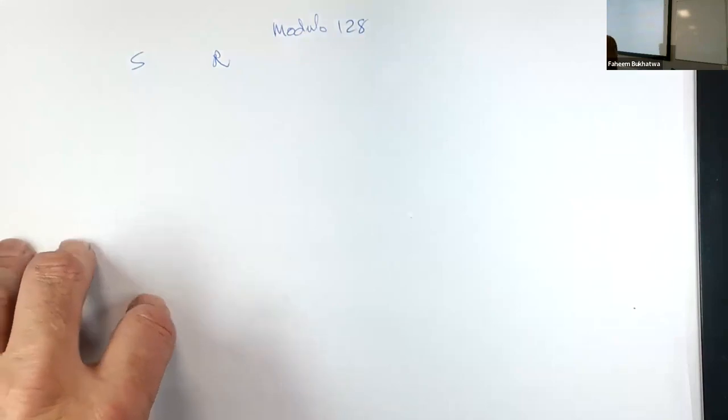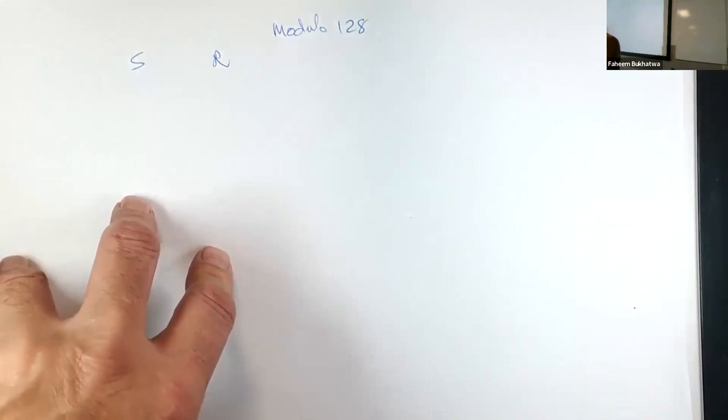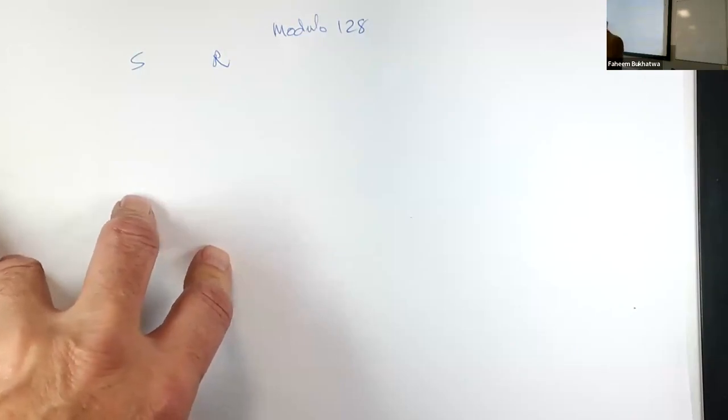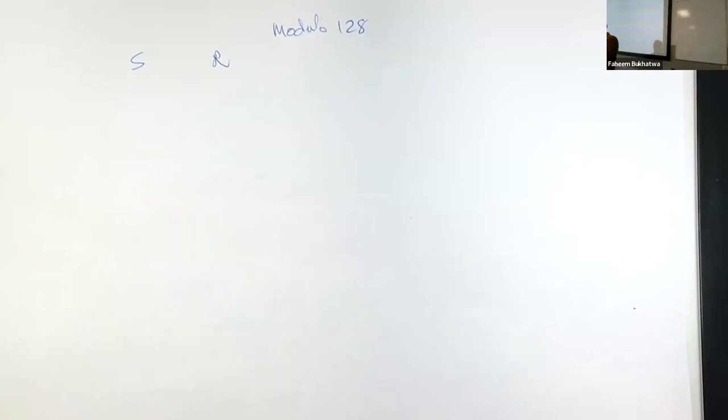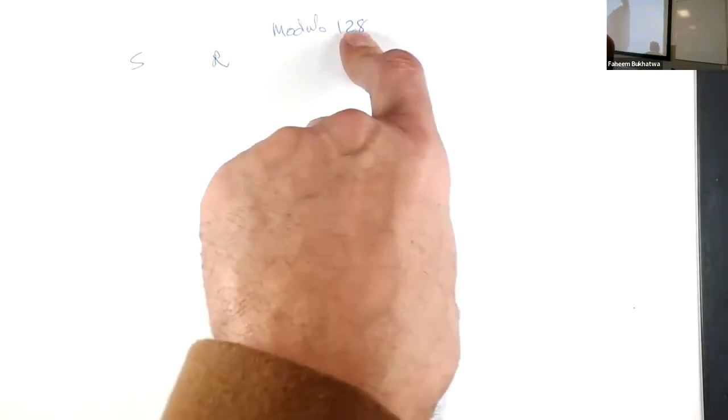How many sequence numbers do we have? 128 numbers, starting from 0, up to a maximum of 127. From 0 to 127, there are 128 numbers. When you get to number 128, in modulo 128 that becomes 0, and we start recycling again.